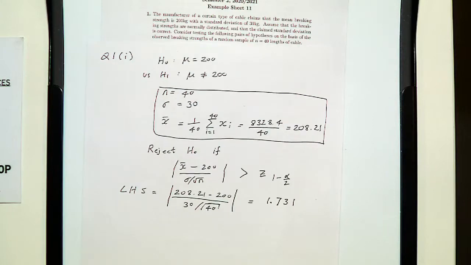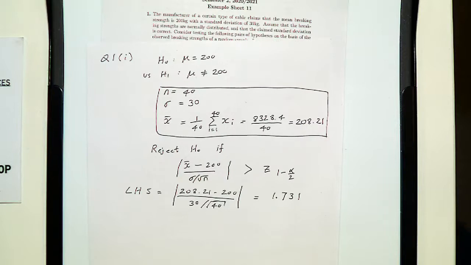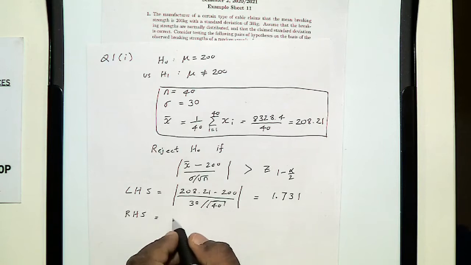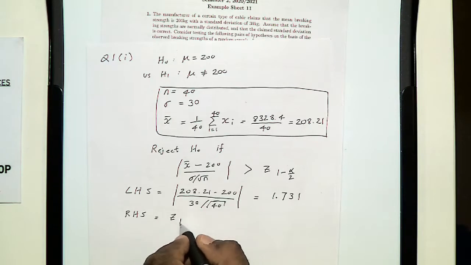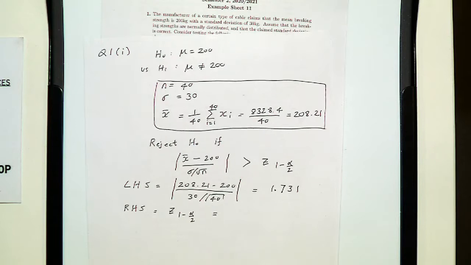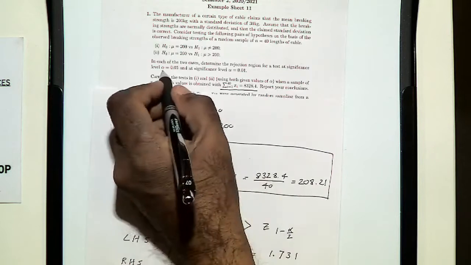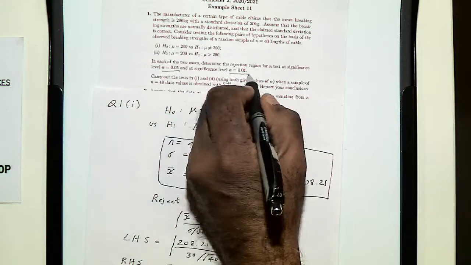So the left hand side is equal to 1.731. The right hand side: in the question we're choosing alpha to be one of two different values.